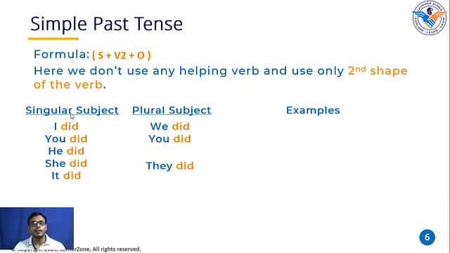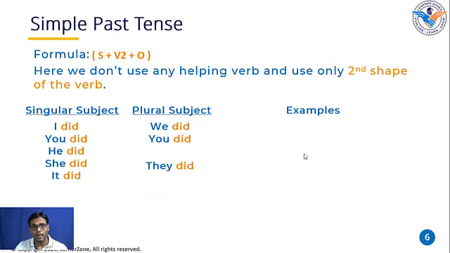There is nothing adding es, oes or ies, anything. There is nothing in this particular tense. You just need to use second shape of the verb and it becomes simple past tense. I did, we did, you did, he did, she did, it did, they did.